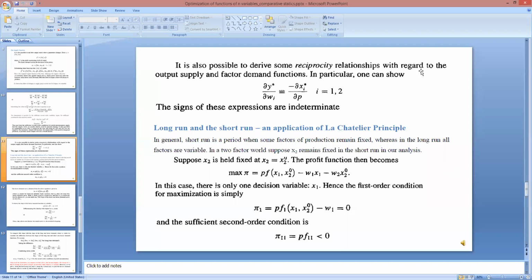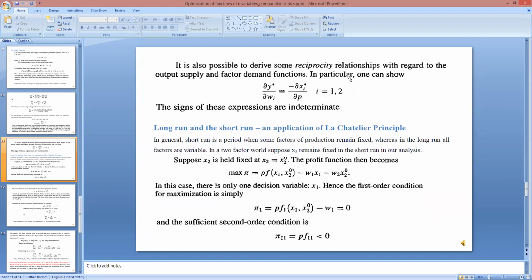Now, this kind of relationship, that is, if I take the derivative of output supply with respect to input prices and input demand with respect to output price, this is called the reciprocity relation.